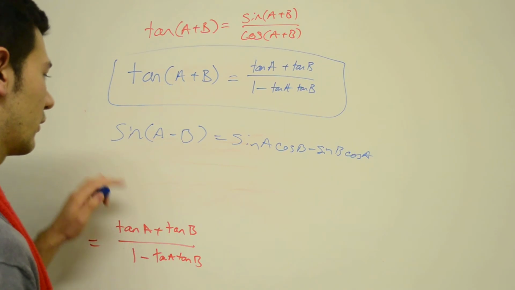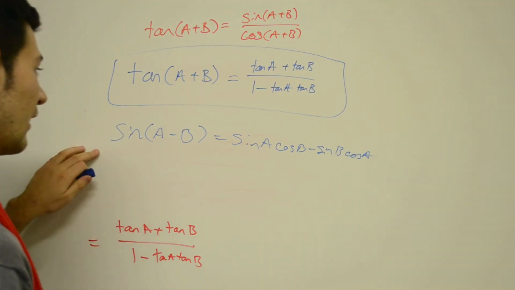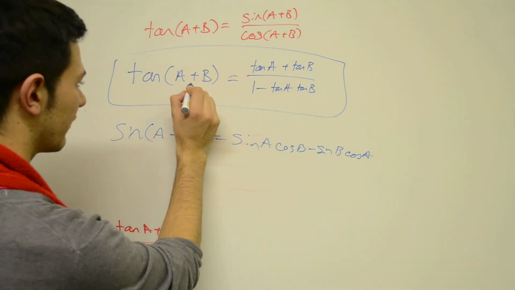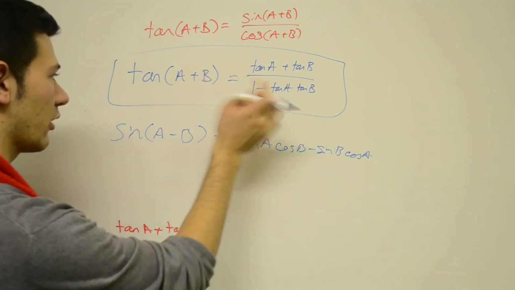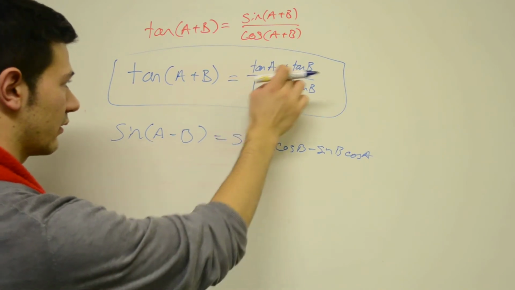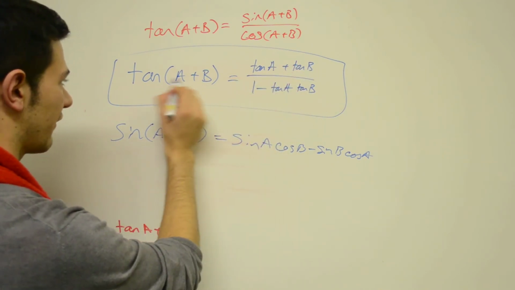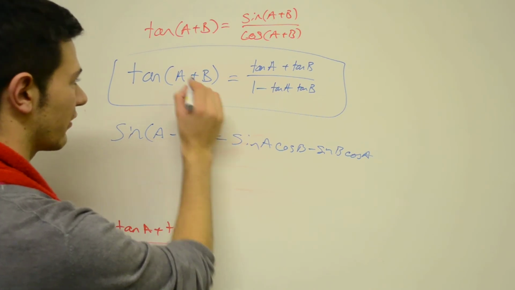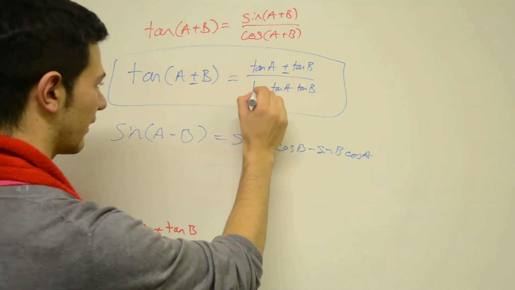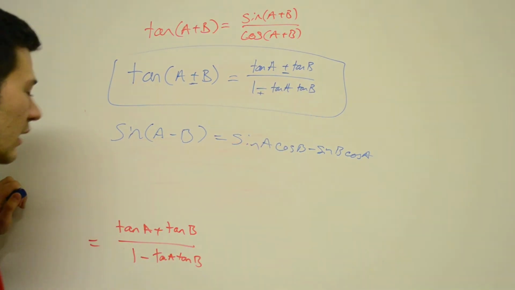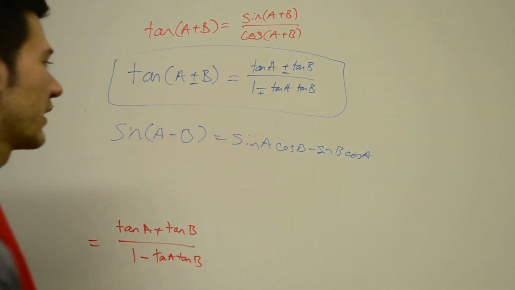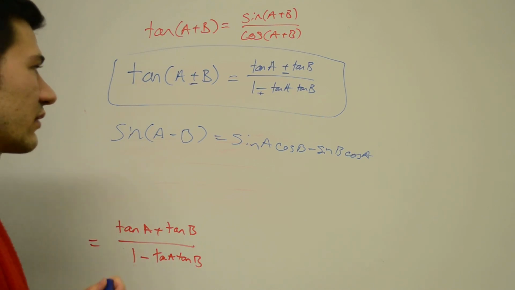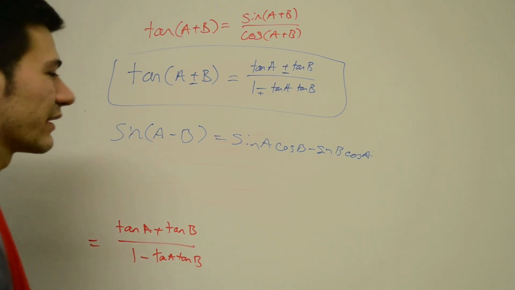Same thing applies for cos, and with tan, if you have a minus, I'll write the corresponding signs underneath the signs here. So if you have a plus, then it's plus and minus, and if you have a minus instead of the plus, then that becomes a minus and that becomes a plus, and they just swap around. The sign switches. I'm not going to prove them. They're fairly easy to prove using the stuff before, so I'll leave that for you guys to do.